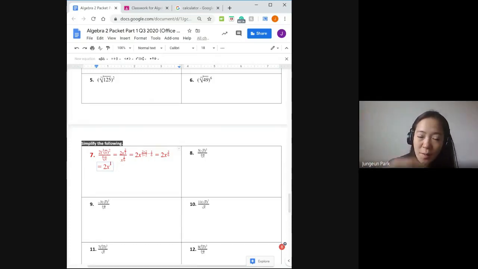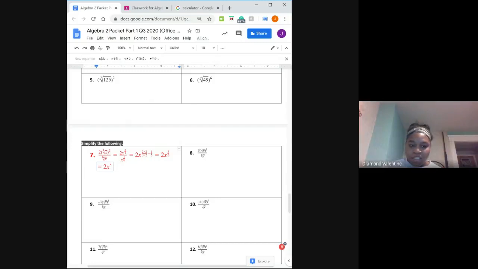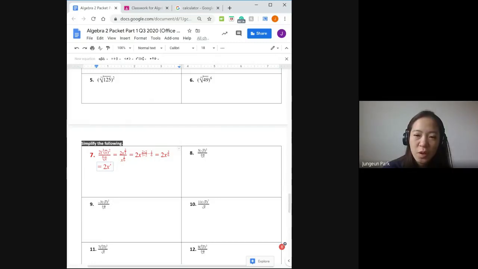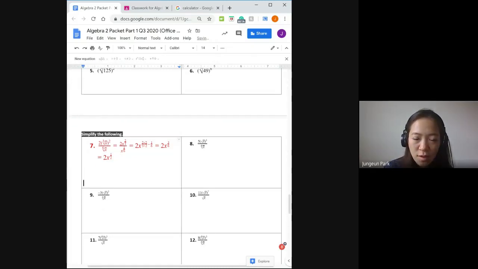But 3 divided by 6, which one is the larger number? Is it 3 or 6? 6 is the larger number. So if you divide the 3 by 6, it's going to be something less than 1, which is, like you said, a half. So the answer is 2x to the 1 half.